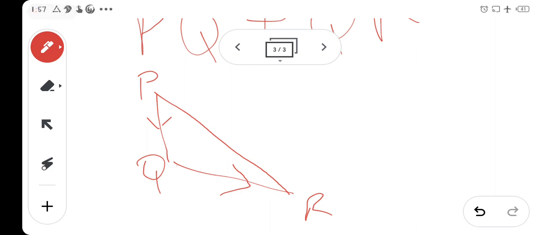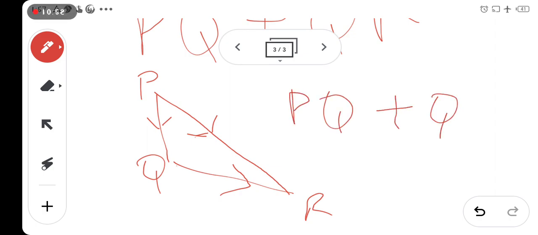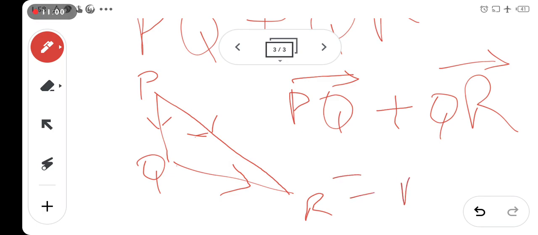Now where do you think the direction will be from? Yes, you got it, this will be the direction. So here we have that PQ plus QR will be equal to PR.